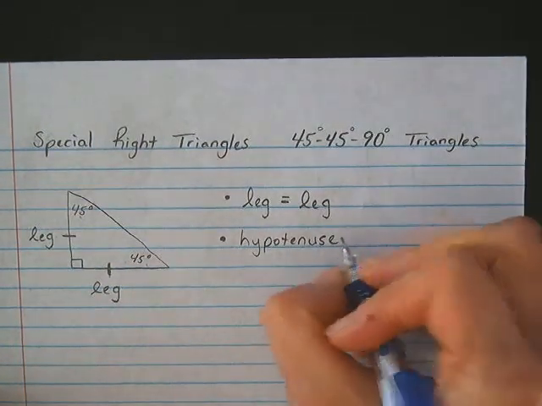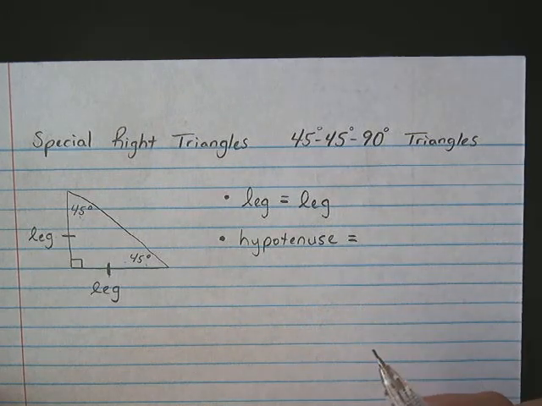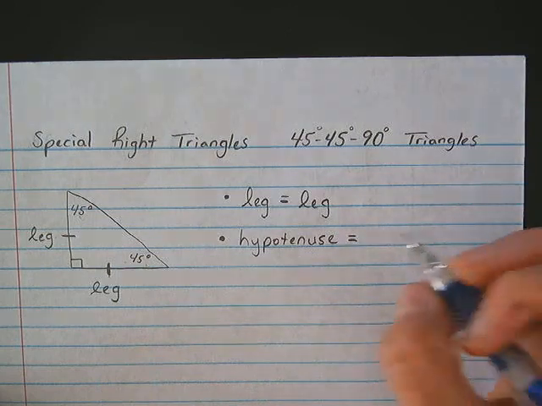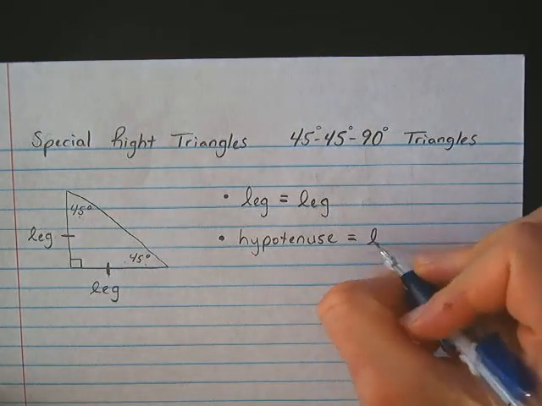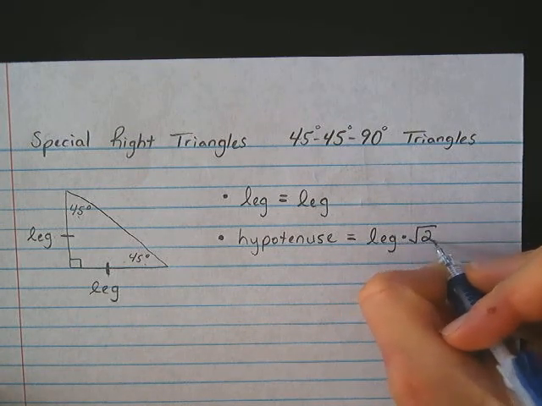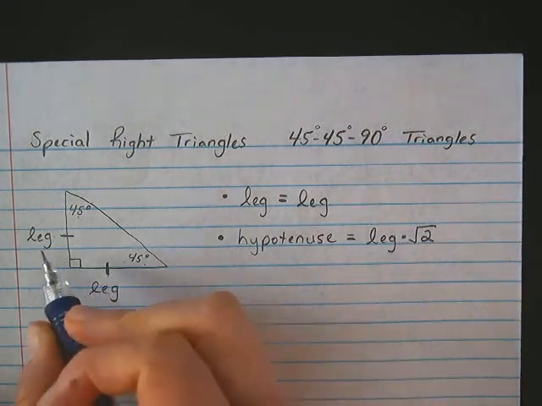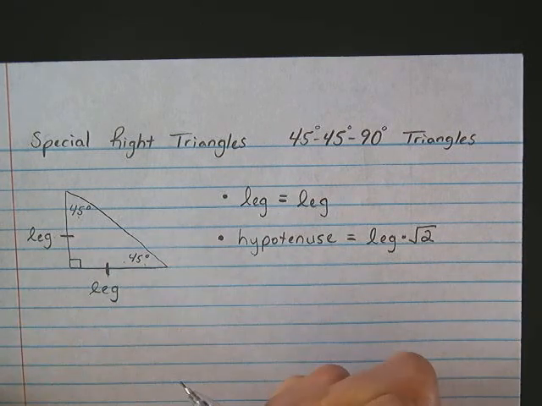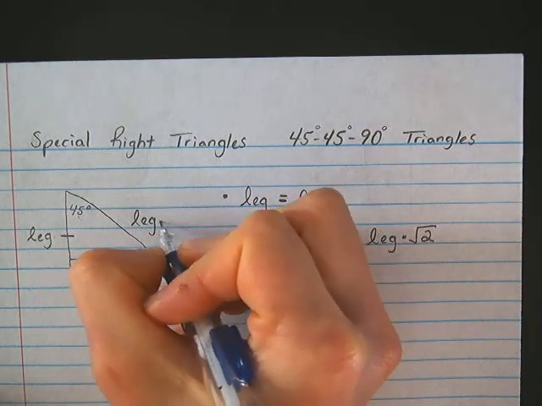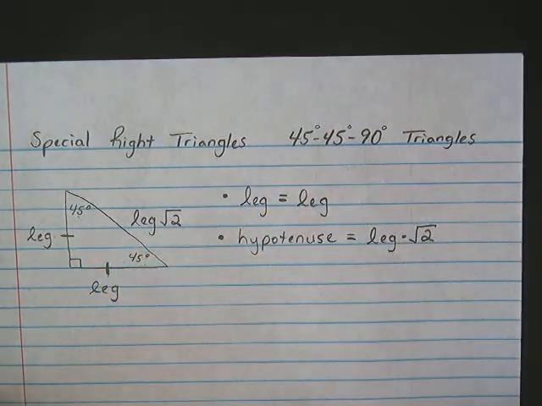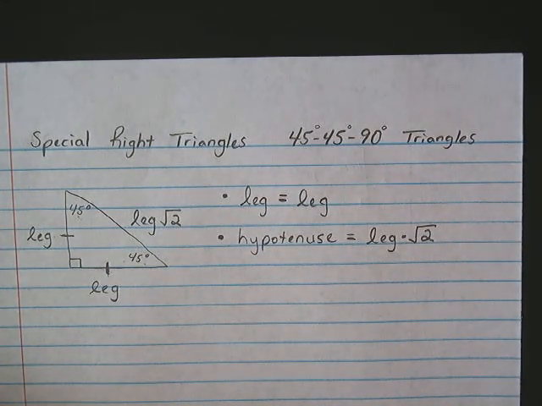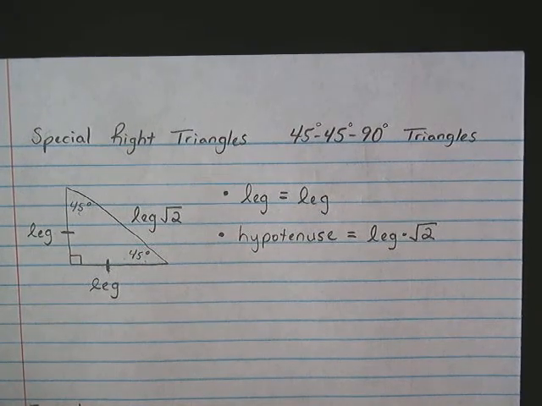And the special thing you have to know about the hypotenuse is in this specific type of triangle, the hypotenuse is actually equal to the length of one of its legs times the square root of 2. So all you really have to know is what is the length of one of the legs. And to get the hypotenuse, you just take whatever that length is, and then you multiply it times the square root of 2. And that will be the length of the hypotenuse. Okay, so those are the special properties that you have to know about a 45-45-90.